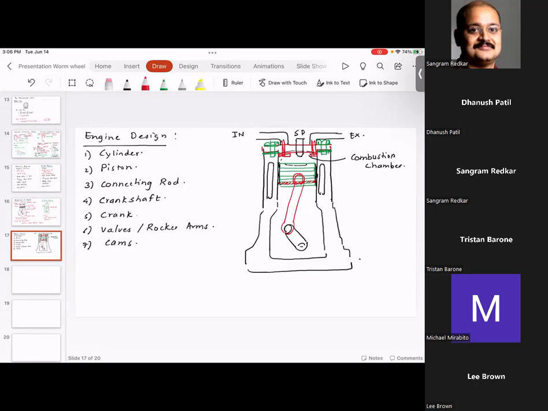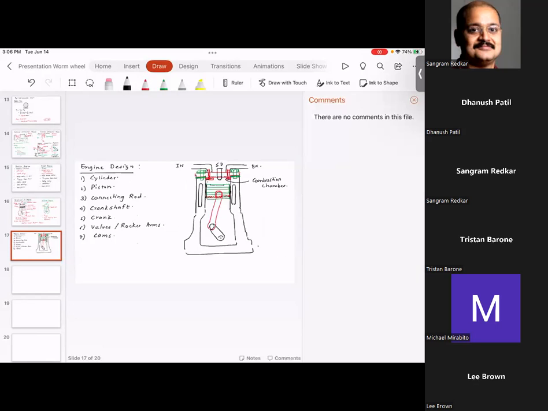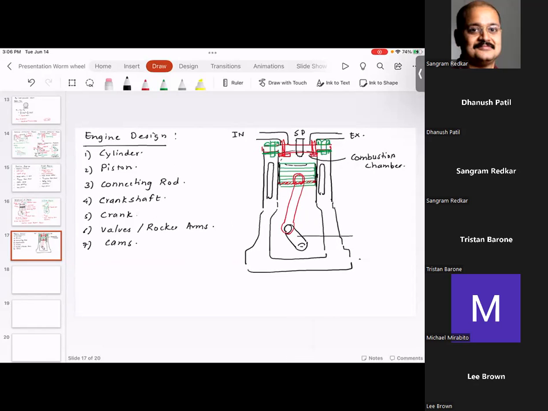So I'll just name these. Crank, crankshaft, connecting rod, which is also called con rod.